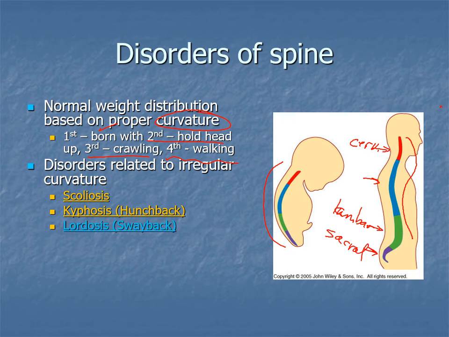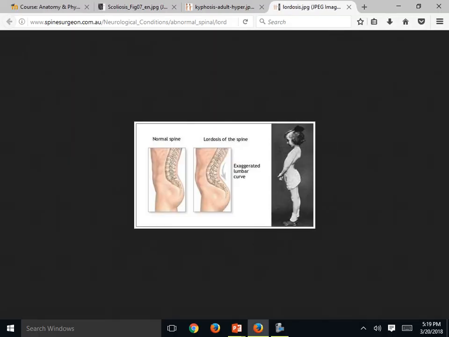Lordosis is a third disorder based on irregular curvature. Sometimes it's called swayback. We'll see if this one works. Normal spine, we have a curvature at the lumbar. This is an exaggerated lumbar curve called lordosis. So you can see on this picture of a young lady, little girl, sometimes it's called swayback.